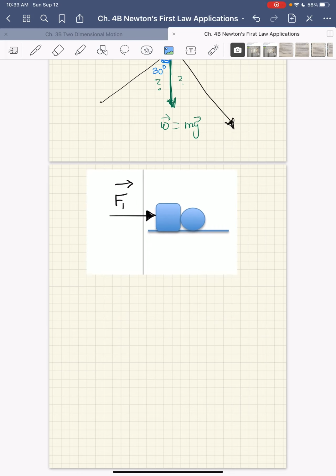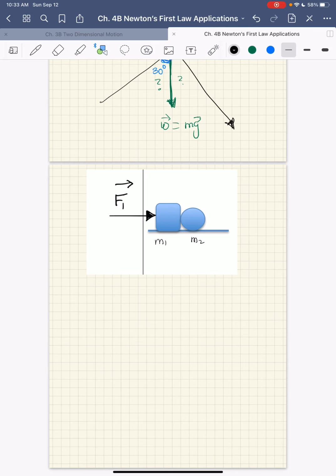Here I have two masses, and I need to do two equations maybe, or more depending on the situation, and therefore I should have two free body diagrams.